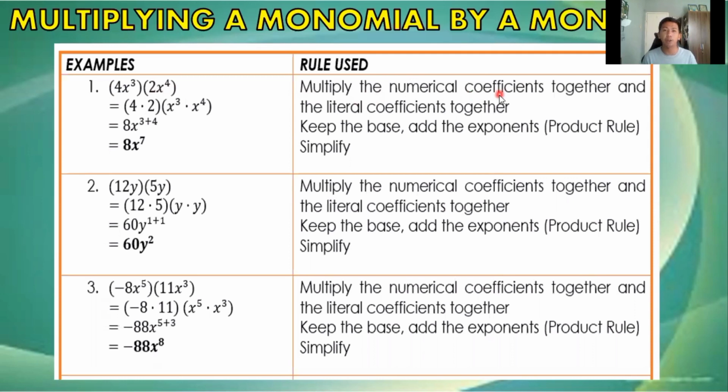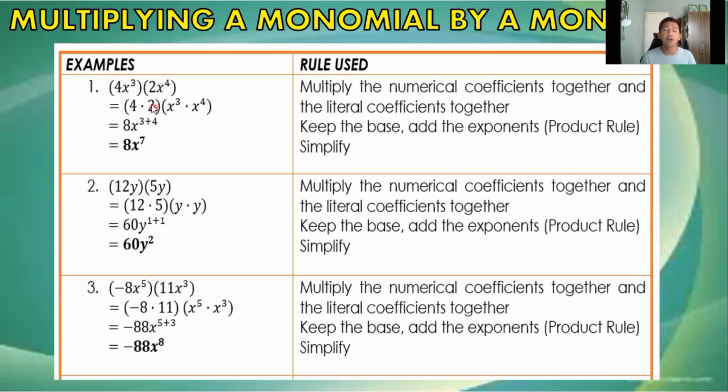When we say numerical coefficients, we are dealing with the numbers or the constants beside the literal coefficients. So the numerical coefficient of our first monomial is 4, multiplied by the numerical coefficient of our second monomial, that is 2. So, 4 times 2. And what will you do with the literal coefficients? You also have to multiply them.